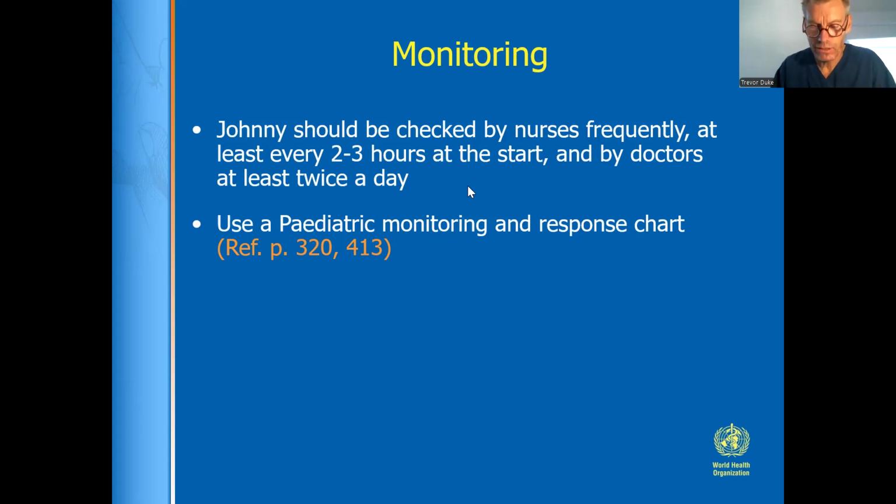And certainly a child like this should be seen by doctors at least twice a day, in the first couple of days at least, to make sure that things are on track, that he's improving, and that he hasn't developed a worsening septicemia. The fact that he's probably got pyelonephritis means that he is at risk of deteriorating, so we'd want to monitor him carefully.